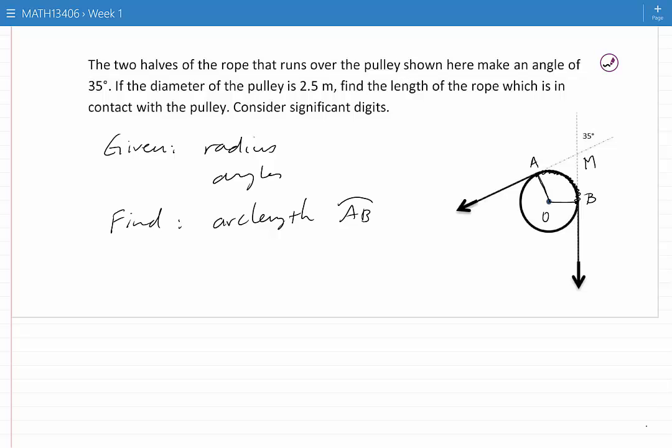We know that we can find the arc length AB if we have the angle facing the arc length inside the circle. So if we have this angle, which I call O, then because we have also the radius, we should be able to calculate the arc length AB. However, we need to calculate the angle O first.